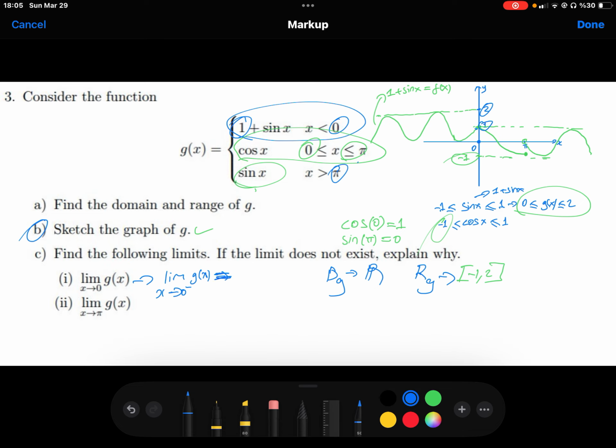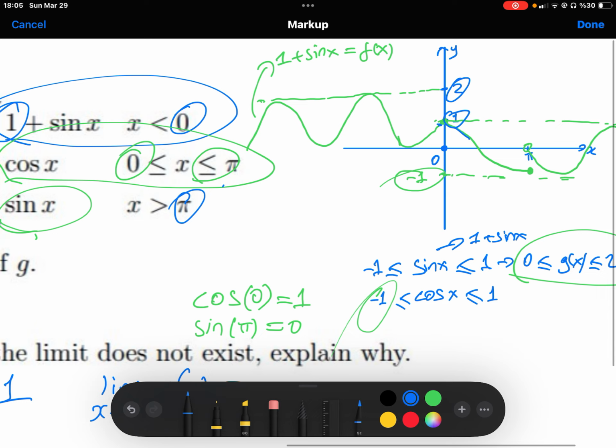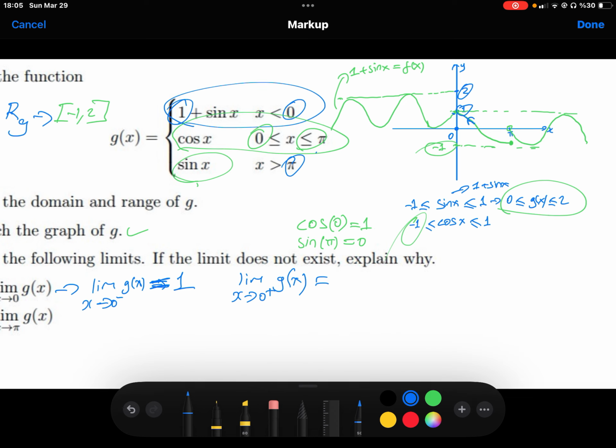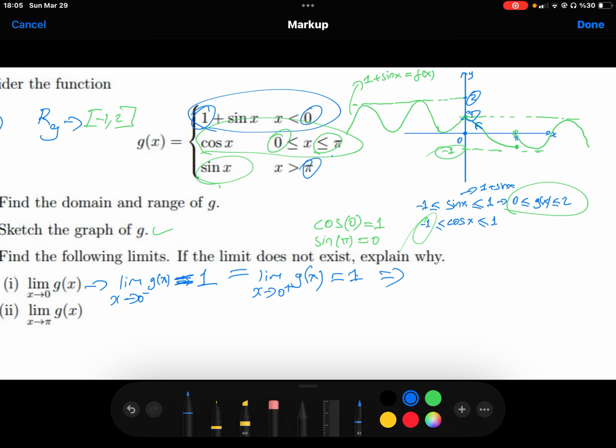For the limit as x approaches 0 from the right, g of x is also equal to 1. If we approach 0 from the right, it goes to 1 again. So both sides are equal to each other. So we can say the limit exists.